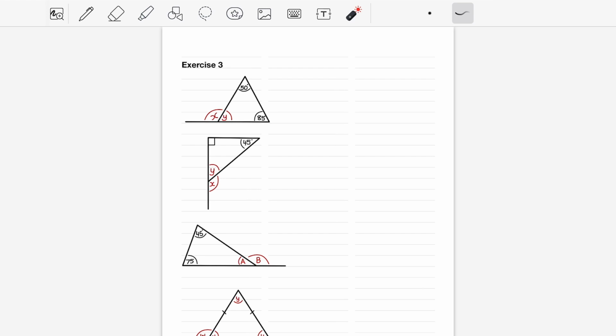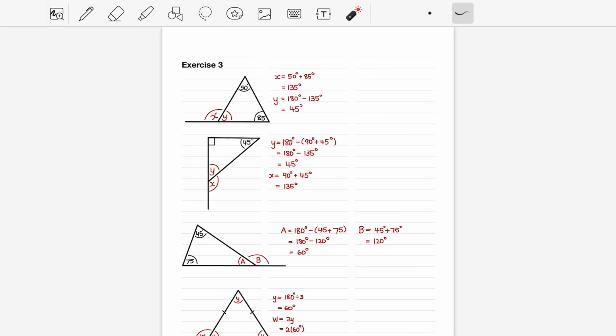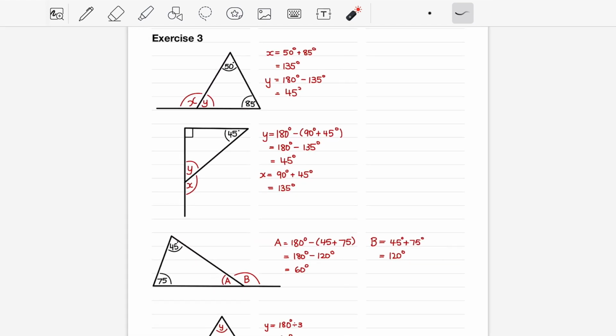That's correct. So we can see x is equal to 135 degrees, y is equal to 45 degrees. For number 2, y is equal to 45 degrees and x is equal to 135 degrees.